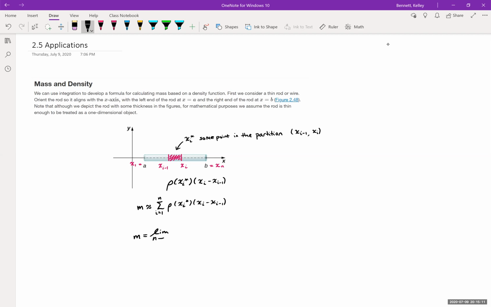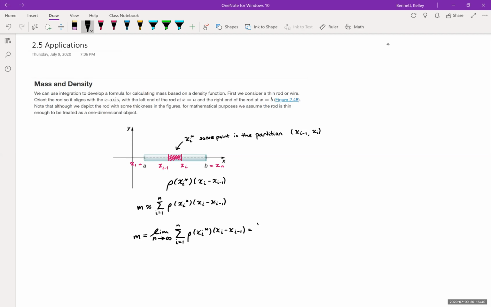So we have n partitions, and the more partitions we have, the better our approximation, the finer our estimate is. So if we let n go to infinity of this sum, that really just becomes the integral.